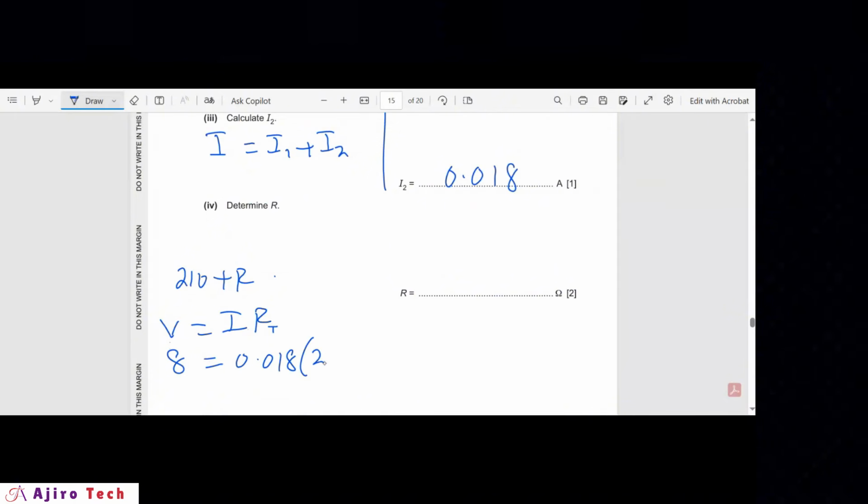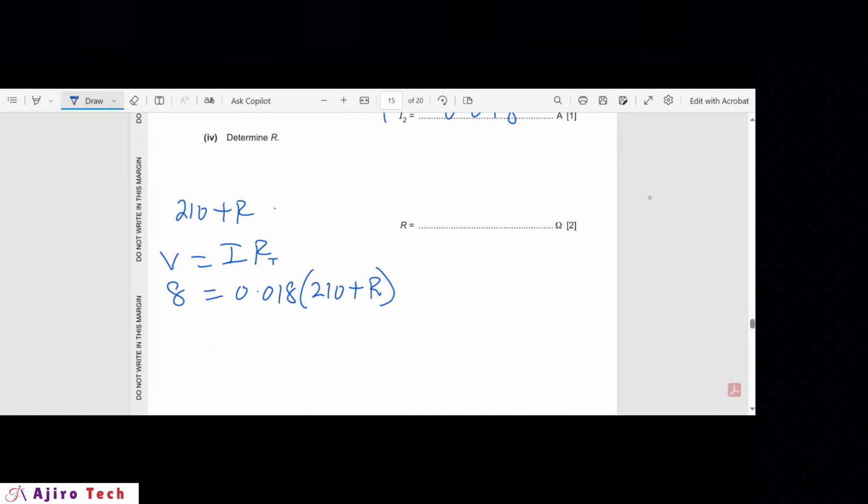Total resistance is 210 plus R in series. So I can work out that 210 plus R is 8 over 0.018. Just follow your method of solving normal equation mathematics, but I prefer this.